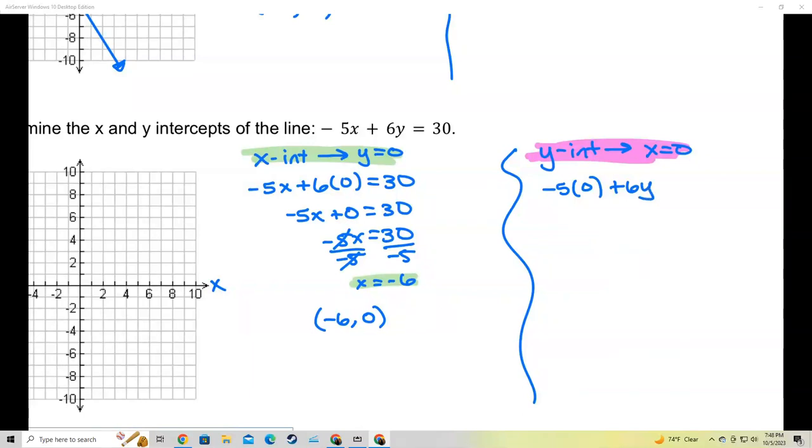Plus 6y equals 30. Negative 5 times 0, that's just 0 plus 6y equals 30. 0 plus 6y is going to be 6y is equal to 30. And I'm going to divide both sides by 6. Get y is equal to 5.